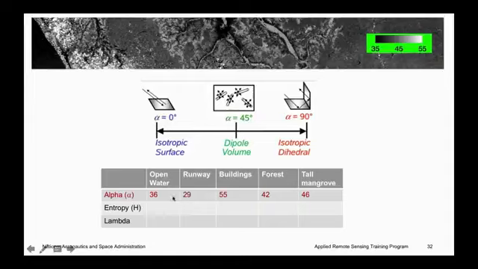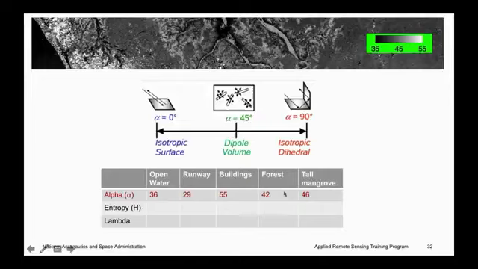And what you see is the open water has low values, as well as the runway. They're not perfect surfaces, but they're closer to being a surface. Then the forest has a value that's closer to 45, as you would expect, because there's a big contribution of volume scattering.